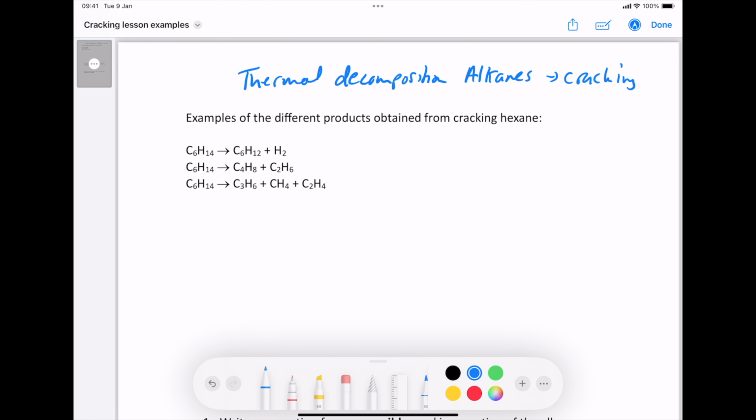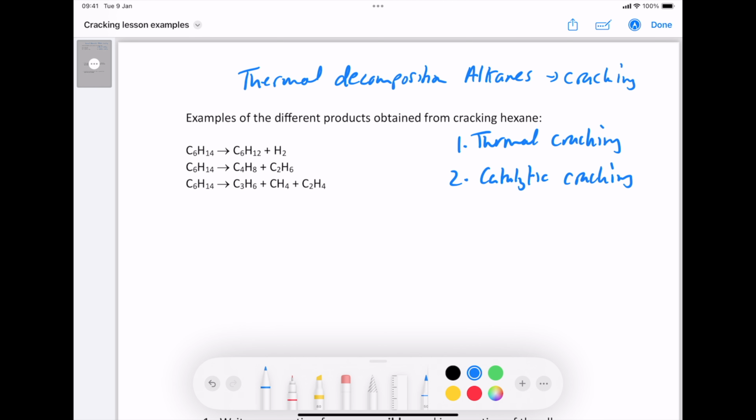So what is cracking? It's where you take a longer chain alkane and turn it into a smaller alkane and alkene. So there will be mixed smaller alkene and alkane products depending on the conditions that are used. And there's two types of cracking. We have number one, thermal cracking, and number two, catalytic cracking.